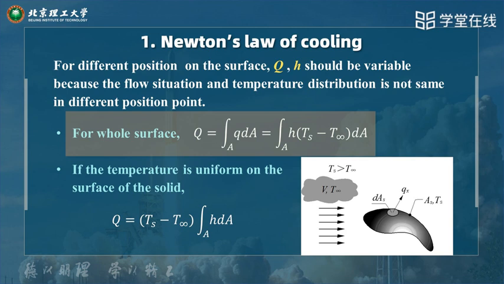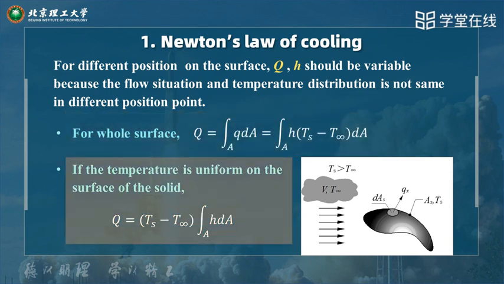For the whole surface, we can do some integration. For example, the integration of Q dA over the whole area A is the whole heat transfer flow rate, the integration of H times the temperature difference dA over the whole surface.